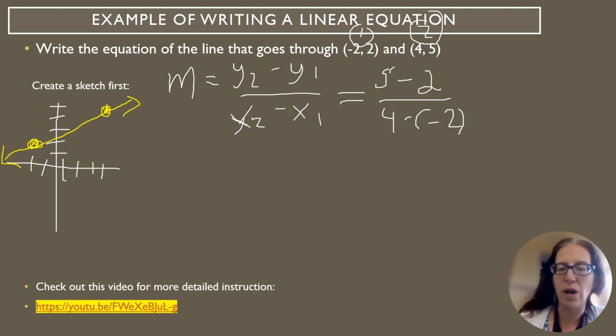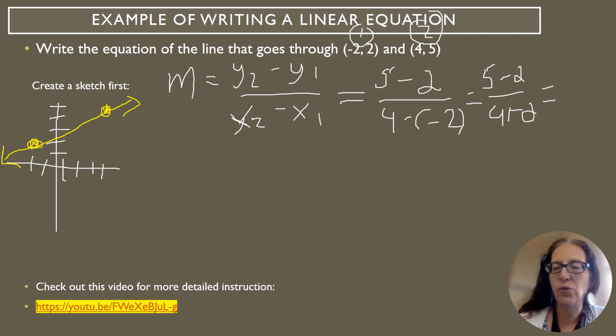Most of us do not like that, and so we would prefer to write that as 5 minus 2 over 4 plus 2. Minus a negative would be the same as adding. 5 minus 2 is 3, and 4 plus 2 is 6. And then 3 over 6 simplifies to 1/2.